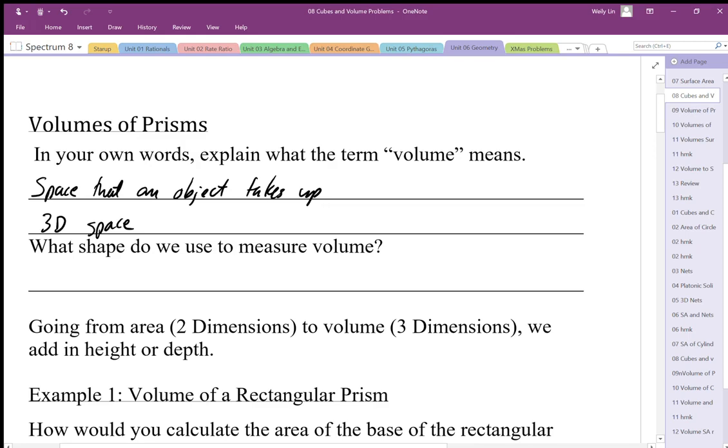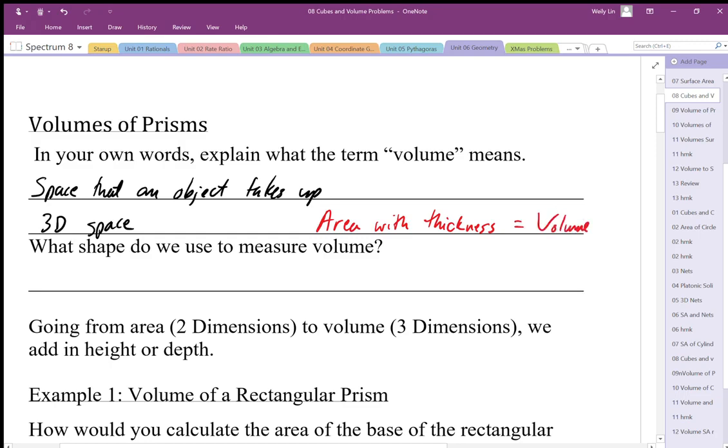Okay. What I would like you guys to think of volume is, in general, mathematically, we think of volume as area that has thickness. So area with thickness is how we generate volume.